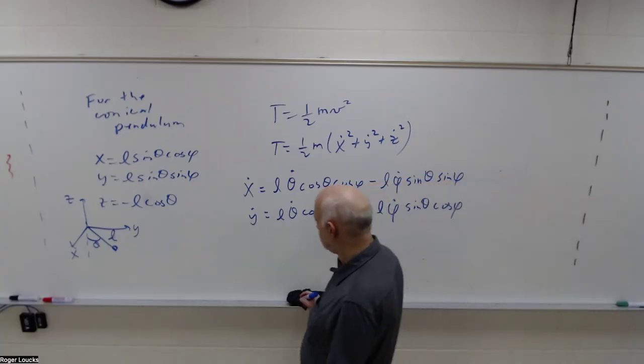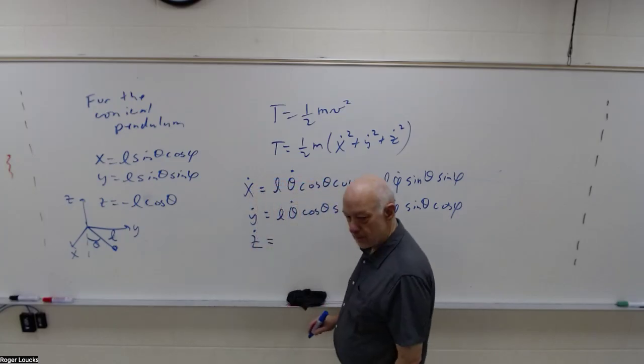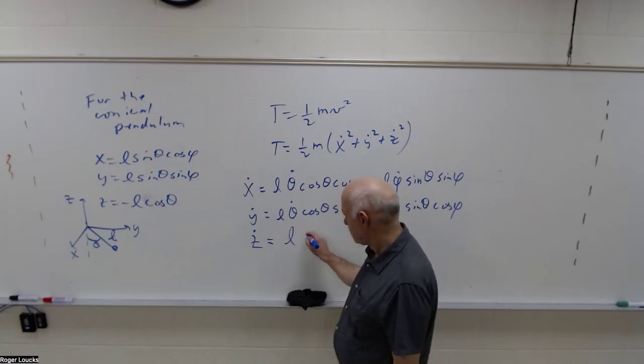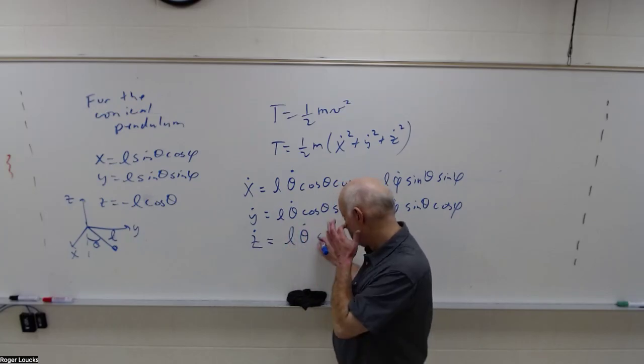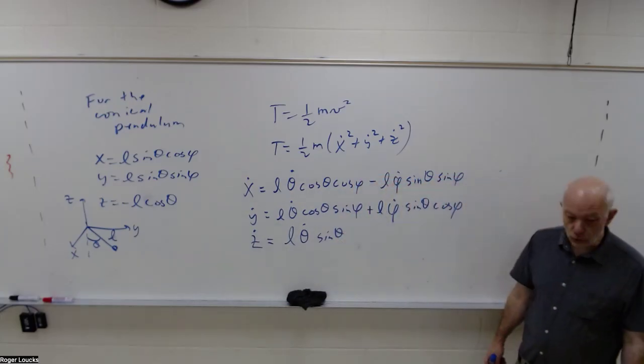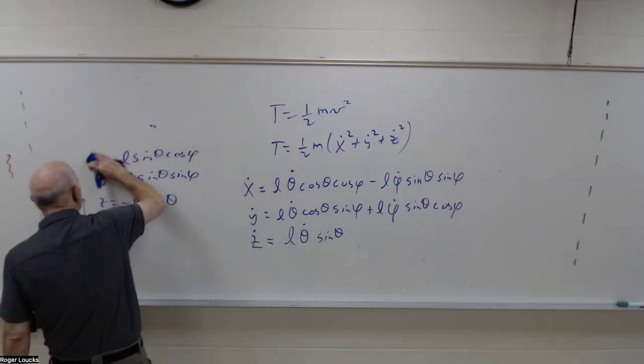Z dot is minus... plus L theta dot sine theta. Okay, we have to square all this and then do some stuff.